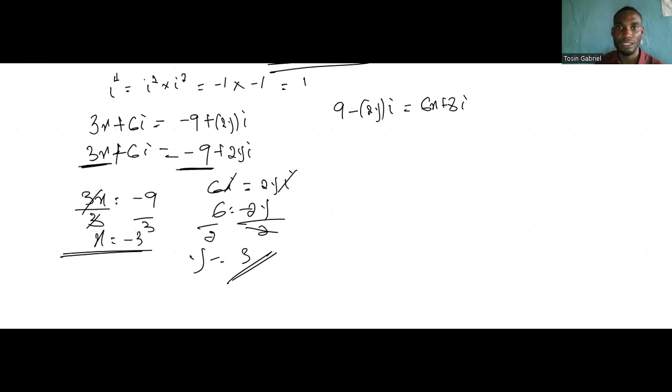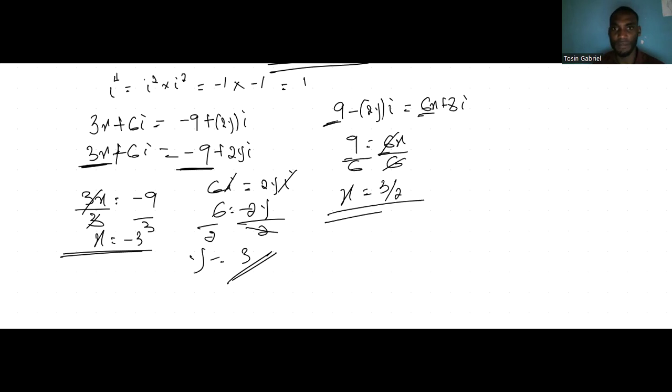Equate the real part to the real part and the imaginary to the imaginary. By doing that, we have 9 equals 6x. Divide both sides by 6. Then x will be equal to 3 over 2. That's what you have.